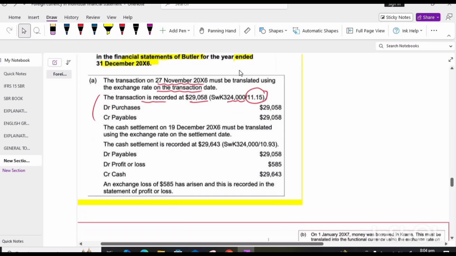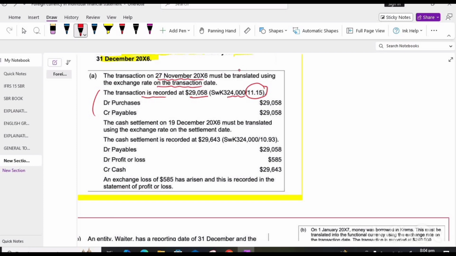Clear? Okay. Now the cash settlement on 19 December must be translated. The cash is settled in full, and you have to retranslate that amount using the exchange rate at the cash settlement date. The cash settlement rate was 10.93. When you translate using this rate, your payable will be debited, and the cash will be credited.